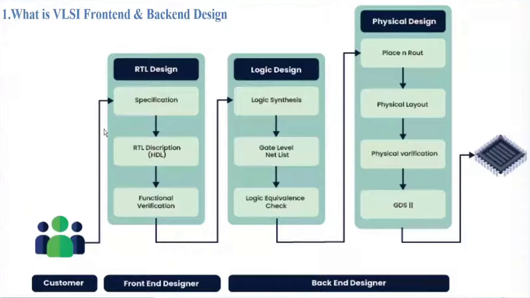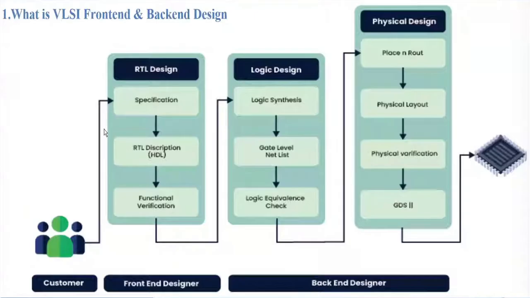But with a hardware description language, we can convert your code into hardware by using synthesis. We already studied the four modeling styles: switch level, gate level, data flow, and behavioral modeling. When you write your code in data flow and behavioral modeling, that is RTL.